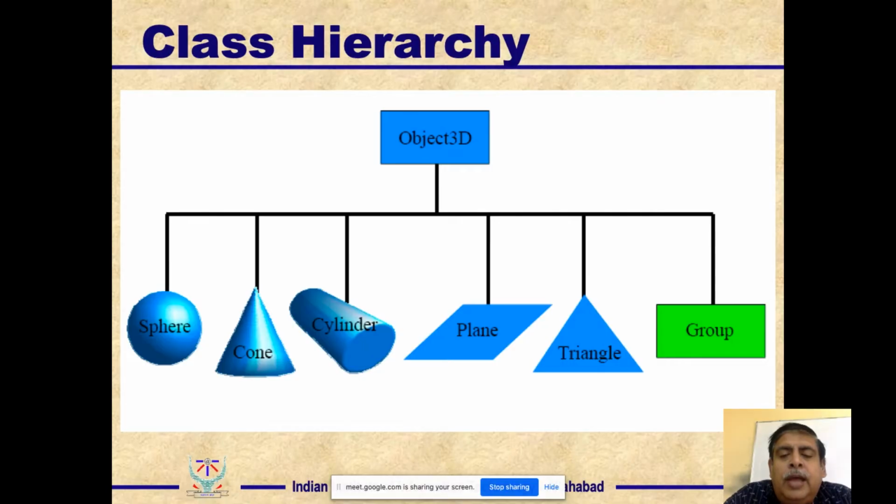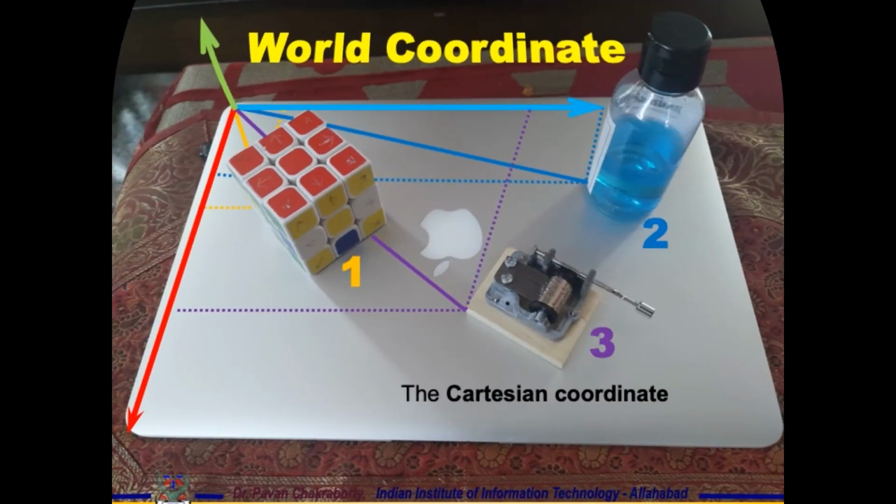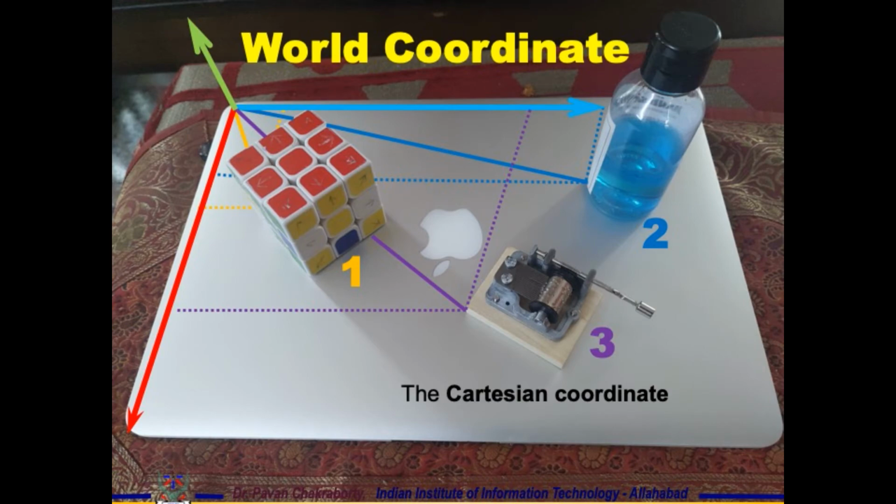As we had seen in the earlier lecture, I had used a Rubik's cube, which is a cube, a sanitizer bottle, which is basically a cylinder, and the third object, which was a complex object with a crank and a cylindrical object. So this is a complex object which could be designed as a group.